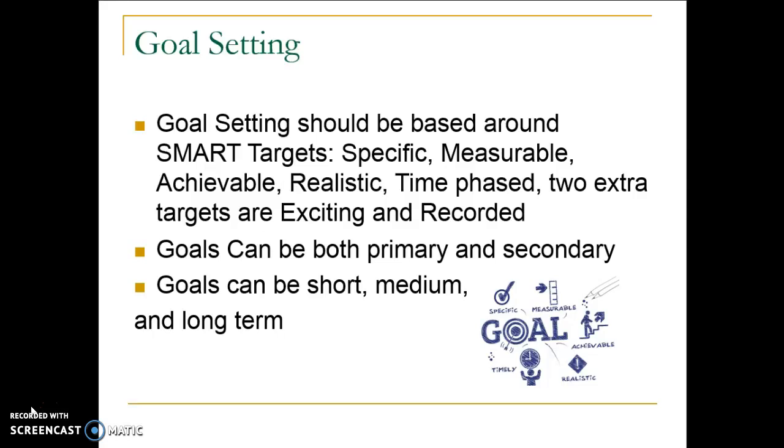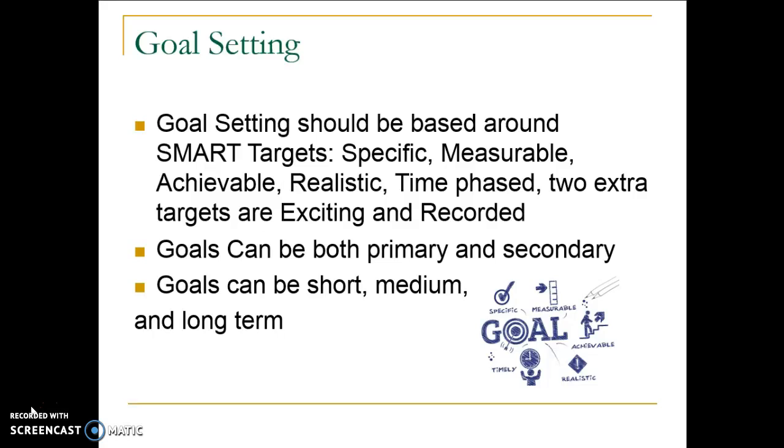Goals can be both primary and secondary. So a primary goal might be within a rugby team to potentially win the league, but a secondary goal would be possibly for the team to make 500 tackles throughout the season.